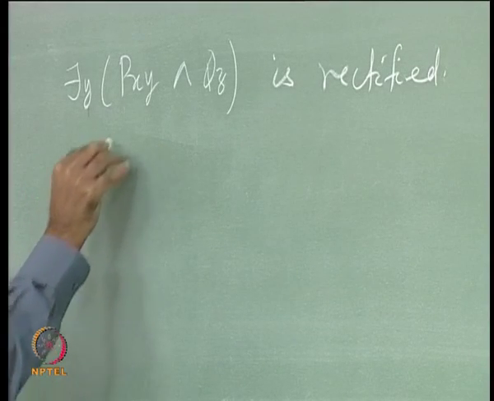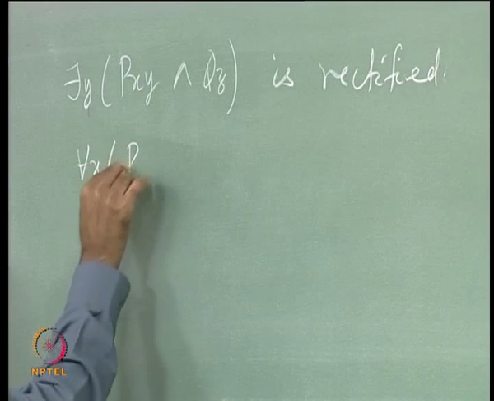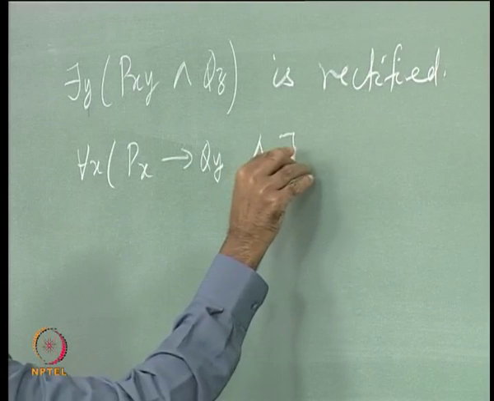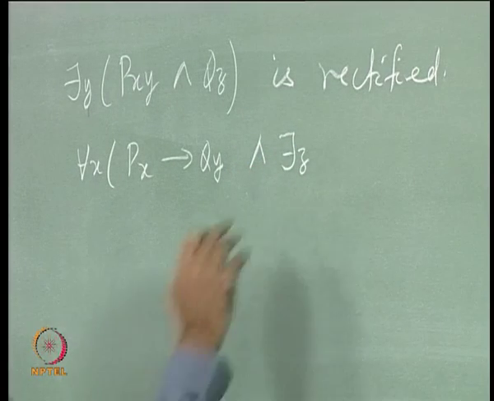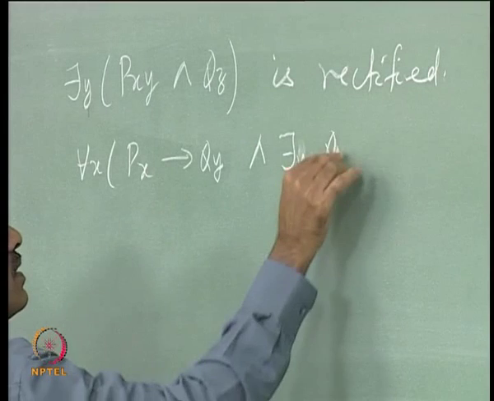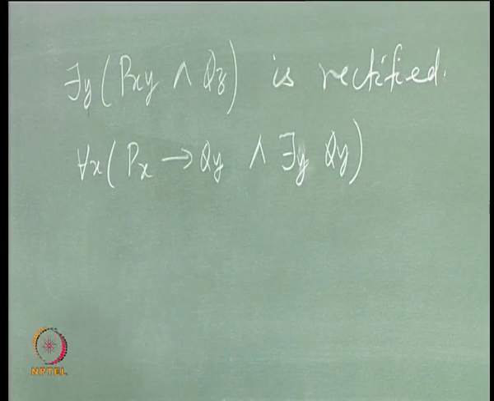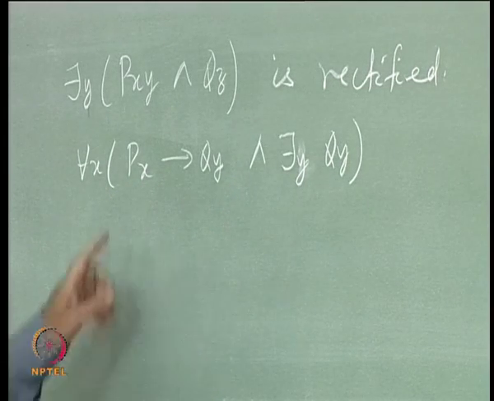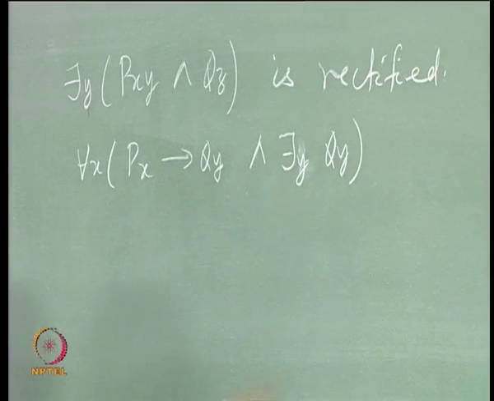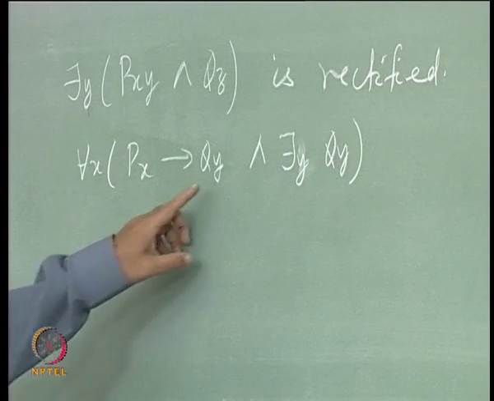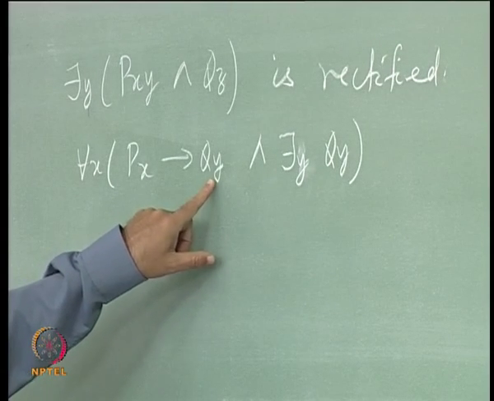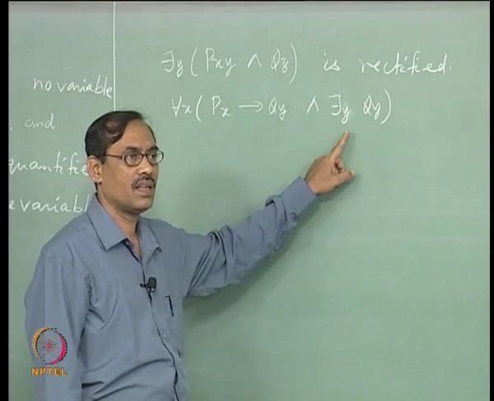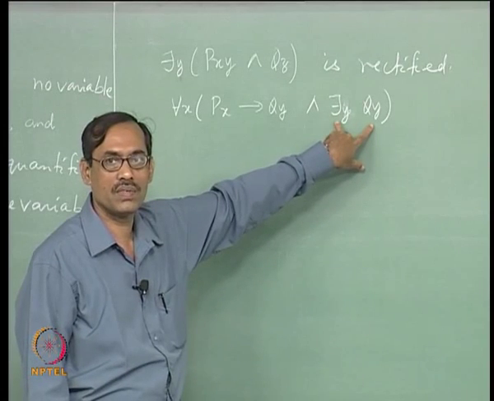Suppose we take another, say for each x, p x implies q y, and there is y q y. So, now again there are three variables occurring here, x, y and z. X is a bound variable, it is not free. Y is a free variable here, but y is also a bound variable here. So, it needs renaming, fine. So, let us take the sub formula where it is bound, which we can rename.